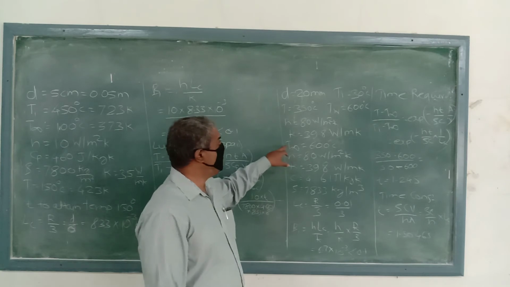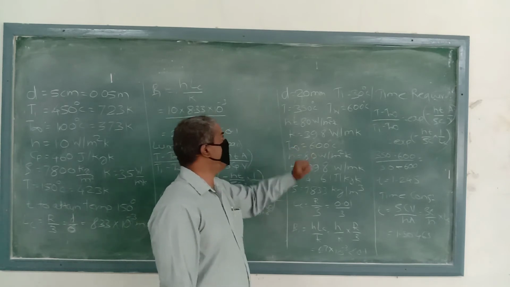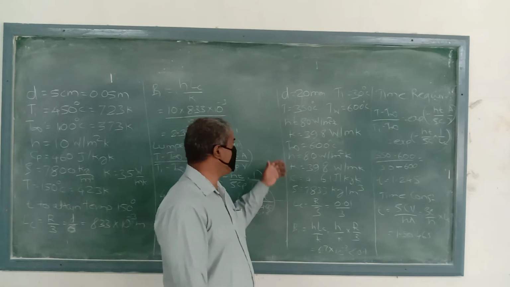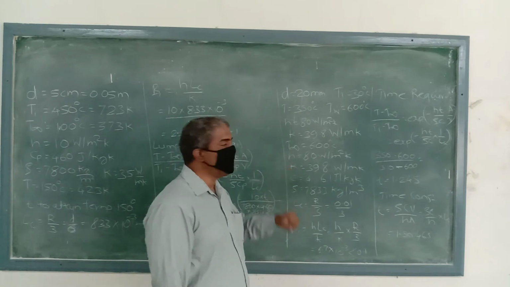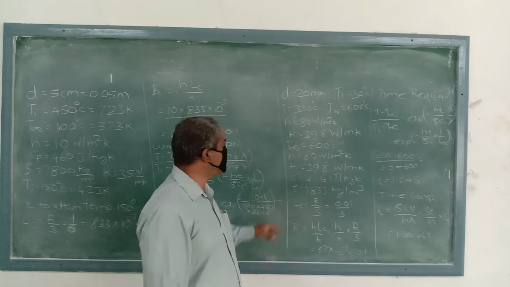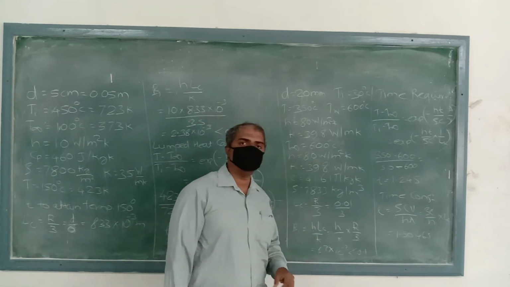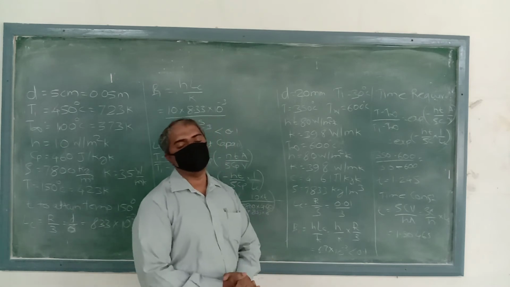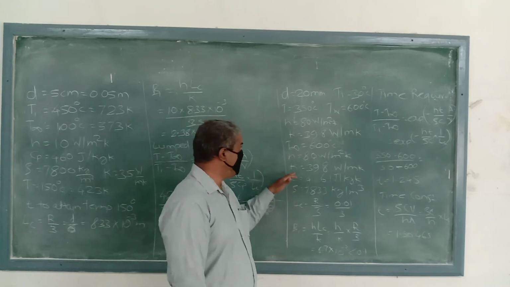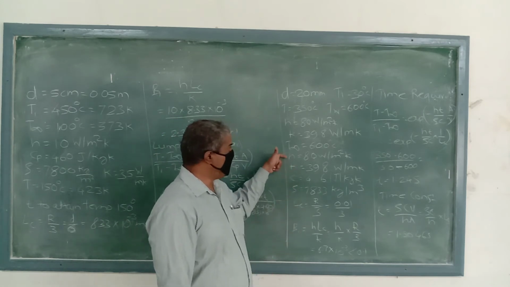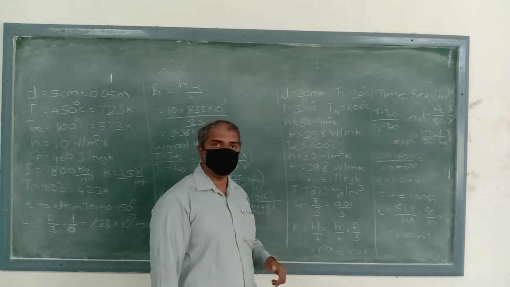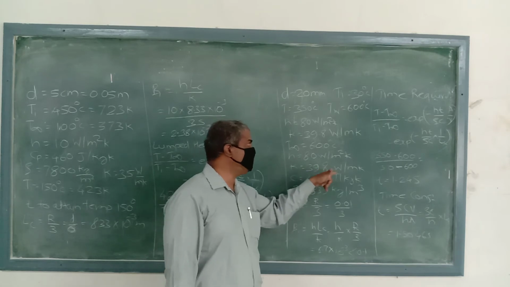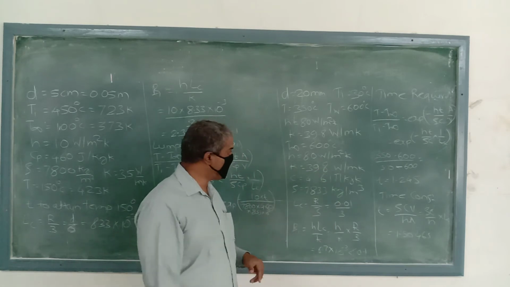Surrounding temperature: as fluid temperature is 600, we are taking T infinity as 600. H is 80 watt per meter square Kelvin and K is 39.8 watt per meter Kelvin.